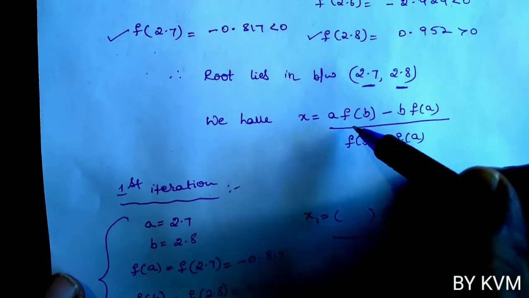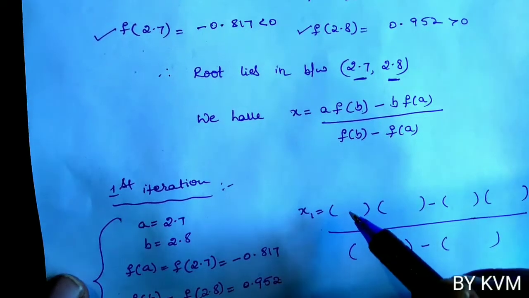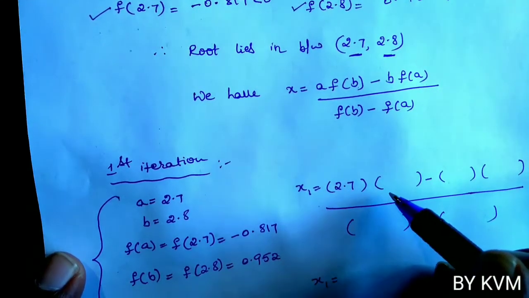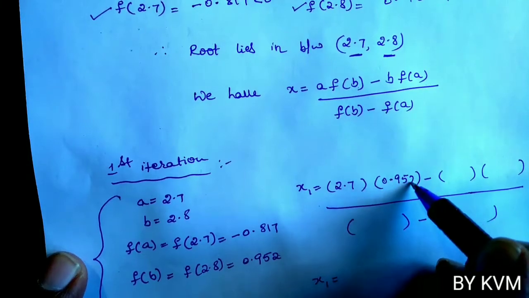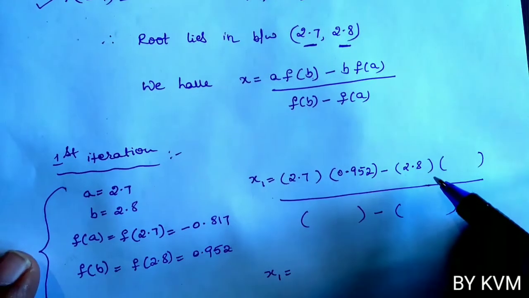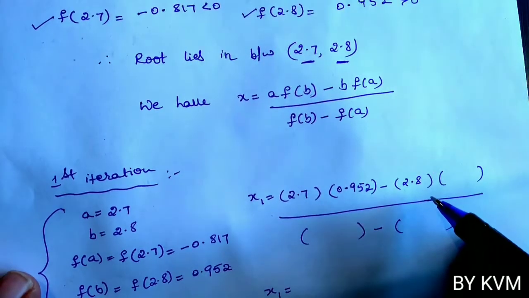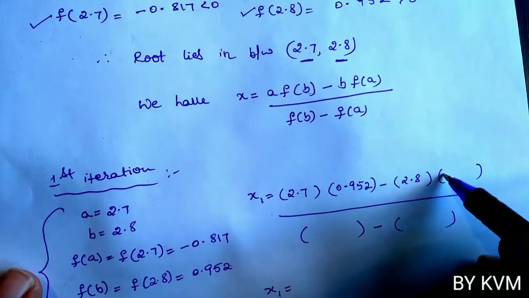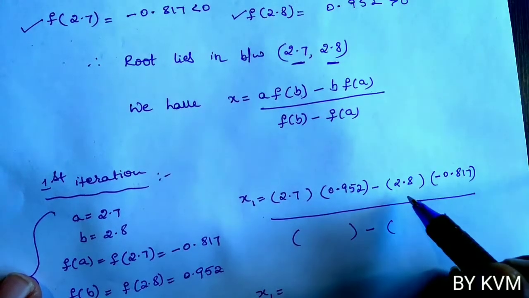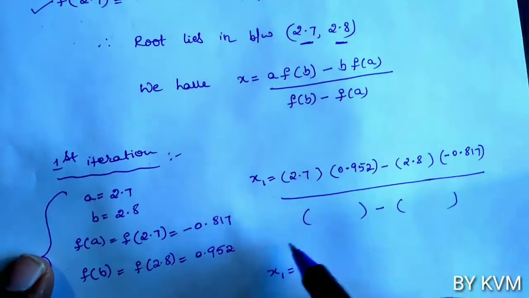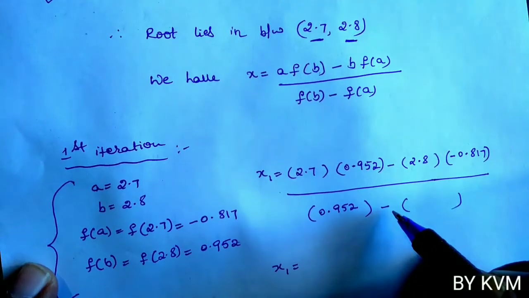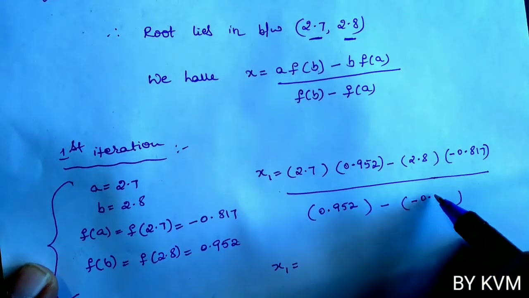So substitute these values in the formula. In the first iteration, take x1. So a into f of b: 2.7 into 0.952, minus b into f of a: 2.8 into minus 0.817, divided by f of b minus f of a: 0.952 minus minus 0.817.